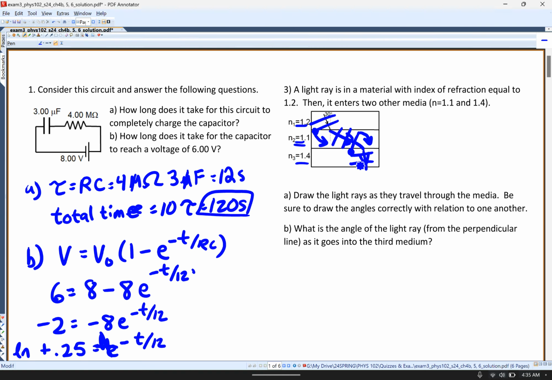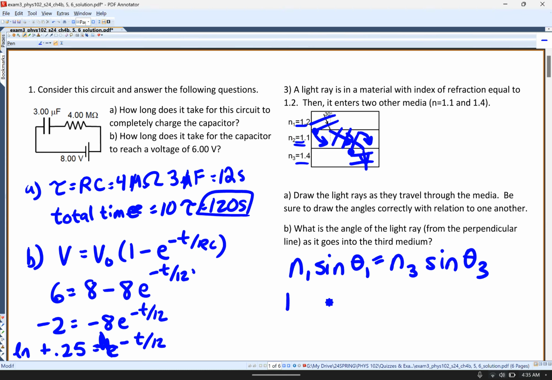Draw those rays correctly. And then what is the angle of the right ray as it goes into the third medium? So I'm going to say n1 sine theta 1 equals n3 sine theta 3. N1 is 1.2.